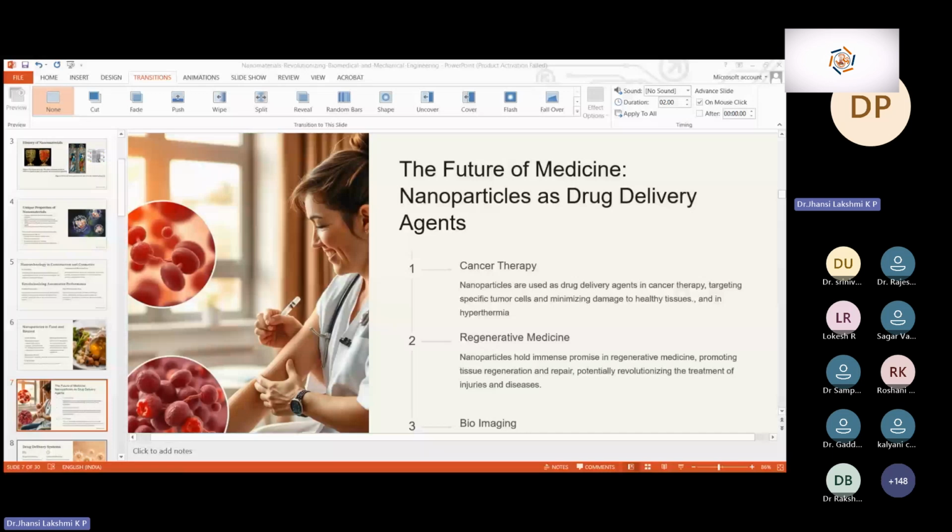That is, growth of new tissue or repair and replacement of defective tissue or an organ by using stem cells with compatible biomaterials containing certain biologically active components is the basic concept of tissue engineering.